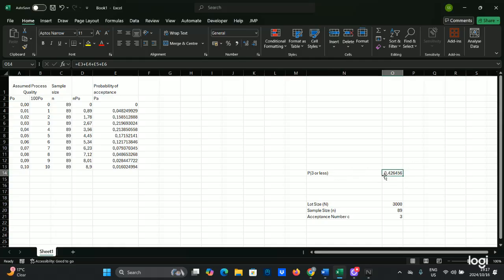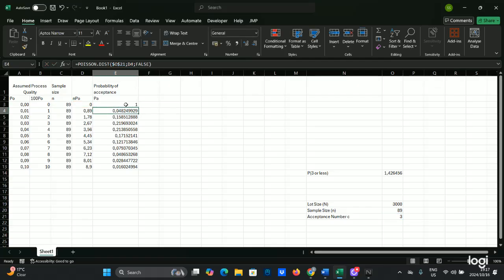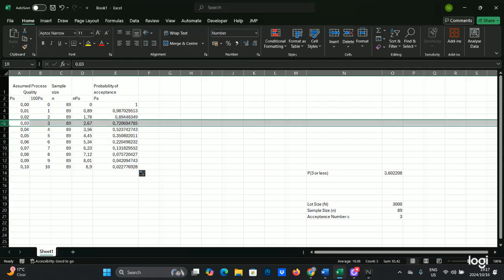Which is 0.42. Okay, so now if I put this as true, and then I drag, now my probability of acceptance is 72%.